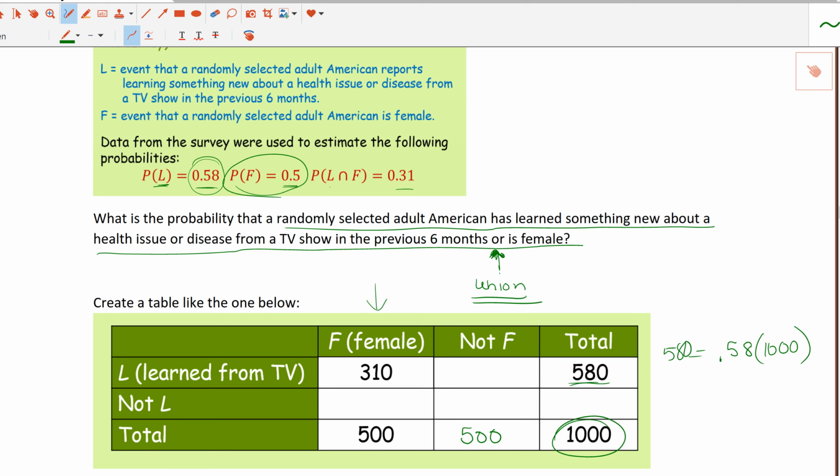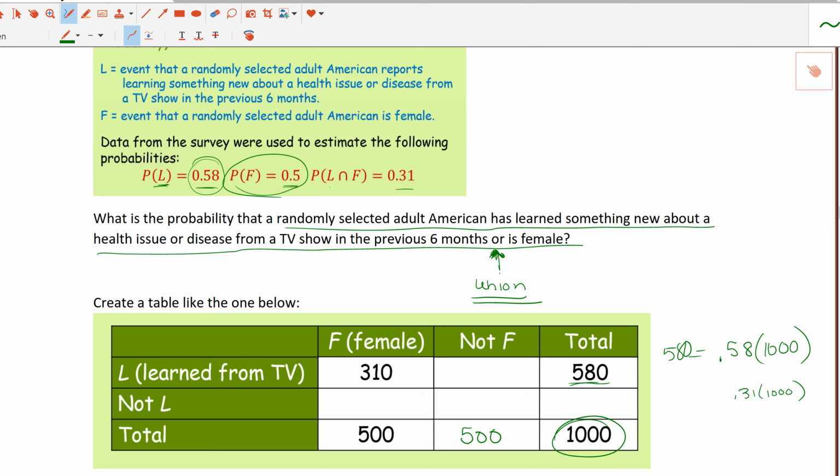We also know that the intersection of learning something from TV and being female, this intersection right here, was 0.31. So if I multiplied 0.31 times 1,000, I'm going to get 310. That's the number that I'm going to put right here in the intersection of learning something from TV and female.